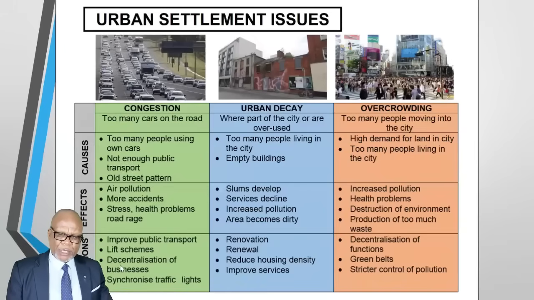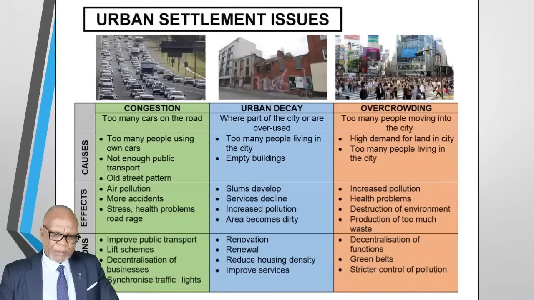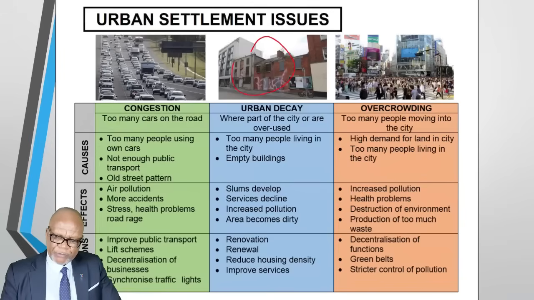And then we now have what we call urban issues. We have, number one, urban issues: traffic congestion, urban decay, overcrowding. Sometimes in the examination, you could be asked to identify an urban issue. This could be an urban issue that you have to identify.